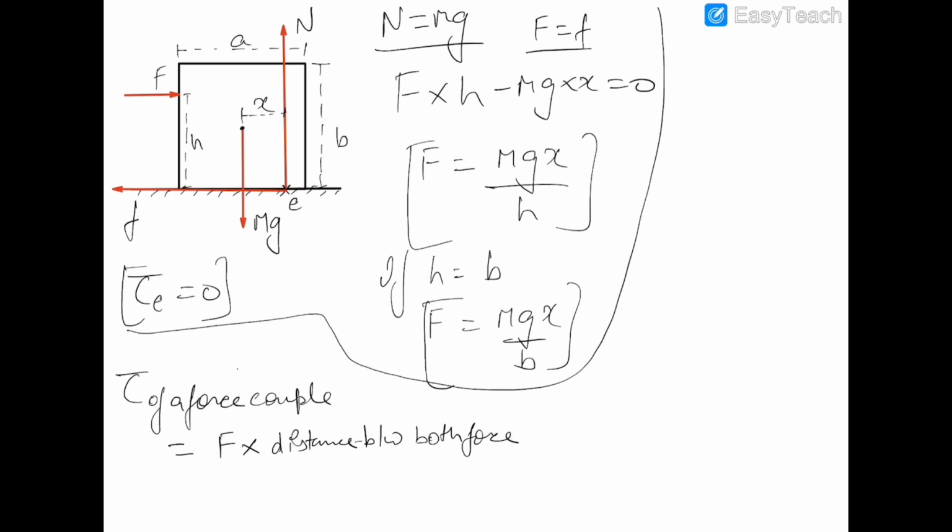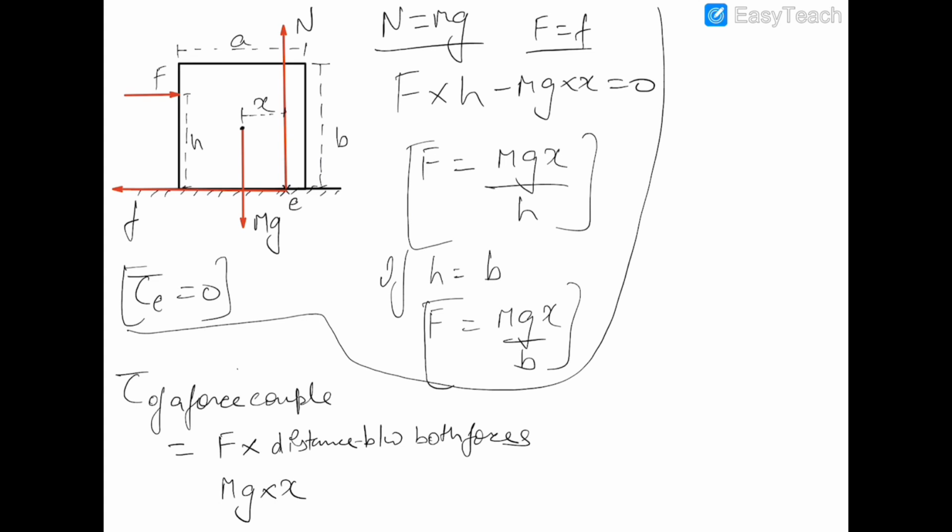So if I write down the torque of this normal reaction and mg couple, N is equal to mg, so the torque of this couple is mg into x, and it is in the anti-clockwise sense.